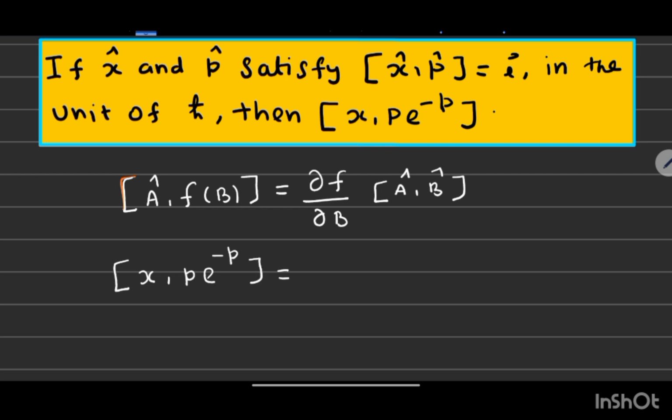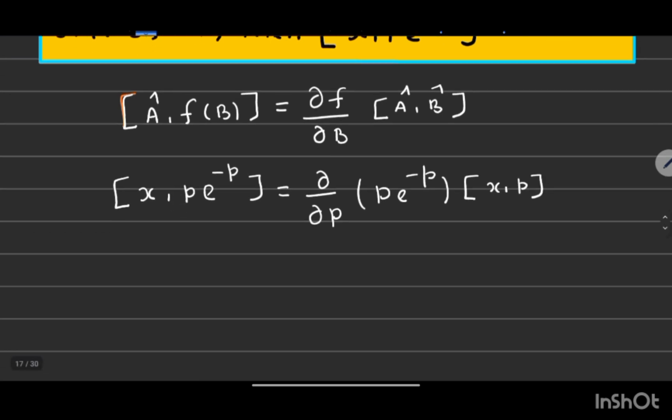So here our function is p times e^(-p). The derivative of the function with respect to p, here we have d/dp of p e^(-p), times [x, p]. So what is the derivative of this function with respect to p? You can use the chain rule.